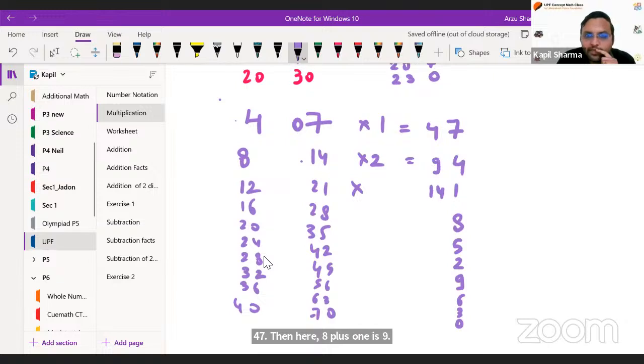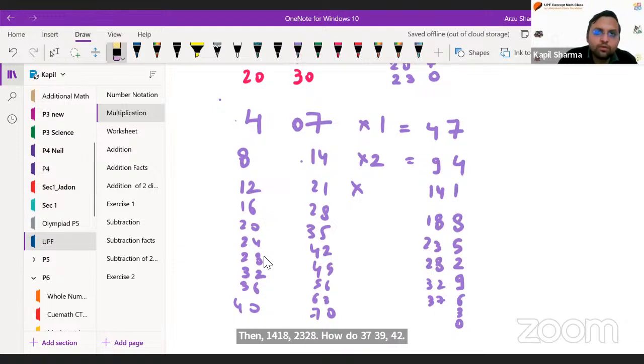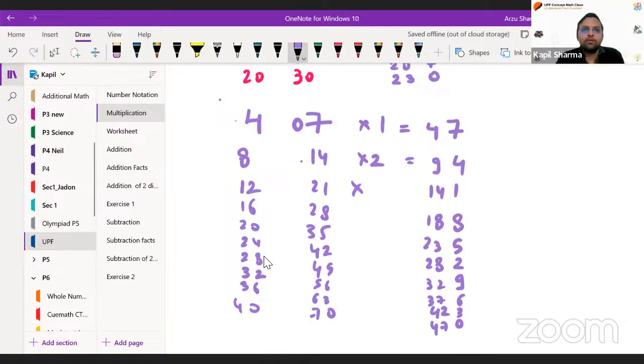Then 14, 18, 23, 28, 32, 37, 39, 42, and finally 47. So I hope this is clear.